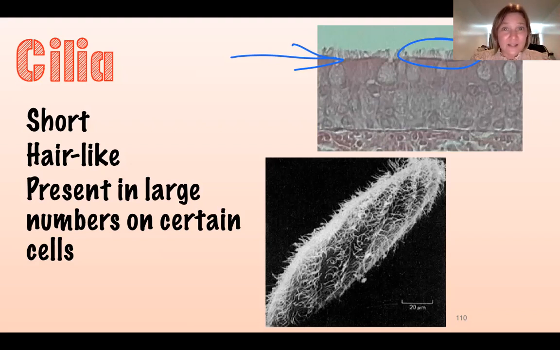Okay, so that's for multicellular organisms, the purpose of cilia. So when particles of pathogens or dust, debris, pollution, whatever, get trapped in the cilia, the cells lining your respiratory tract also produce mucus.